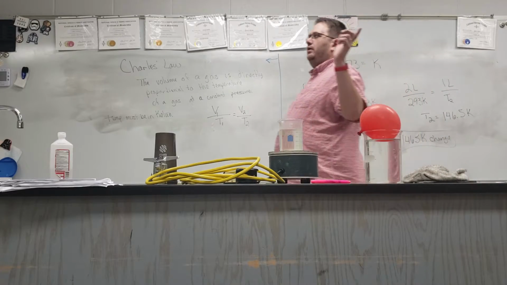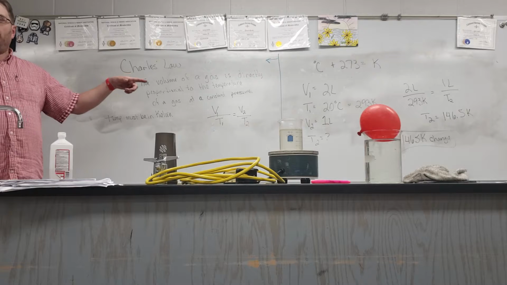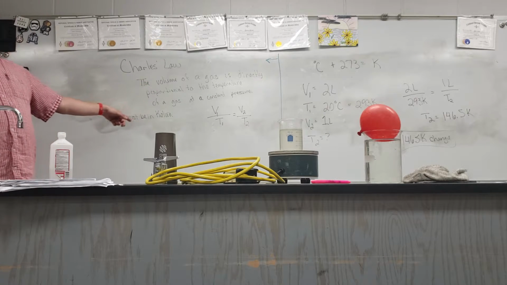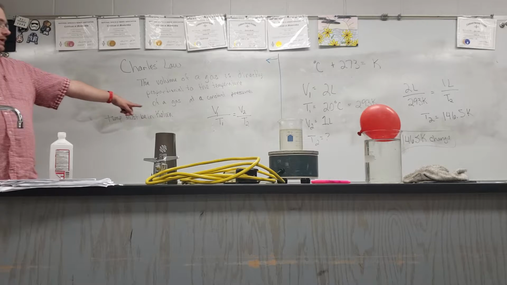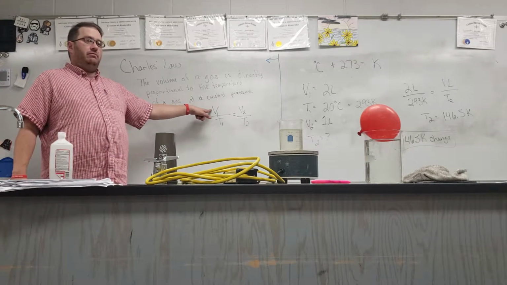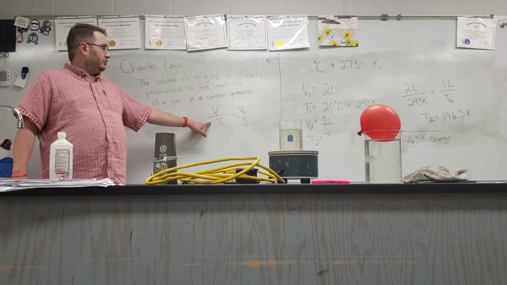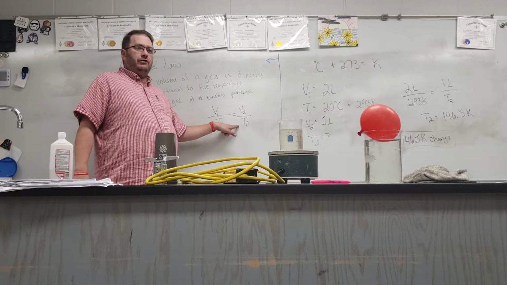So yesterday in Boyle's law, we multiplied in our formula, since it was inversely proportional. Since it's directly proportional, we divide. So you have your starting volume over your starting temperature equal to your ending volume over your ending temperature.